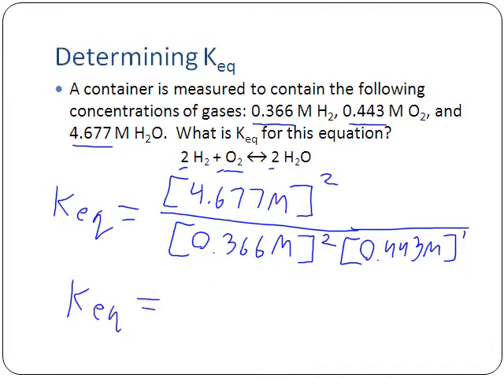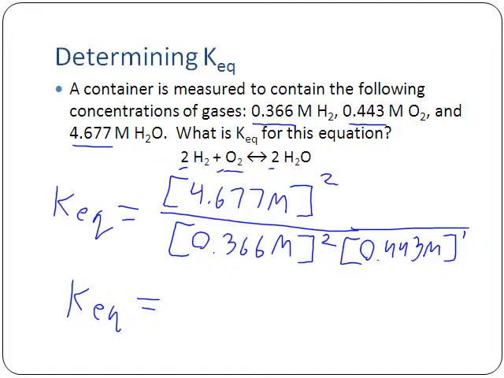all we really do is get out your calculators now, and you would say 677 squared, because that's what's on top, divided by 0.366 squared, and then divided by 0.443 to the first, which is just 0.443.